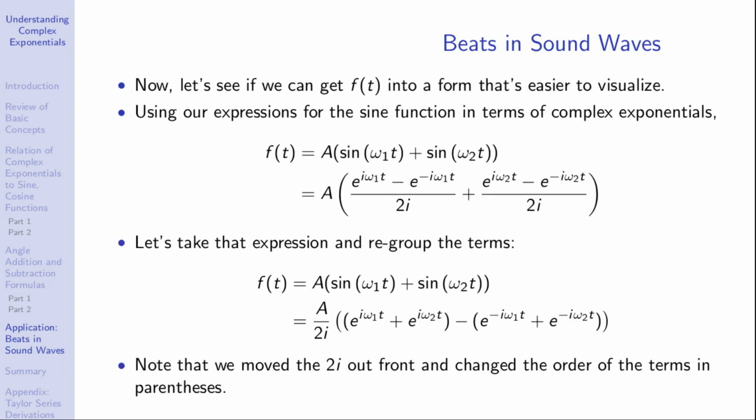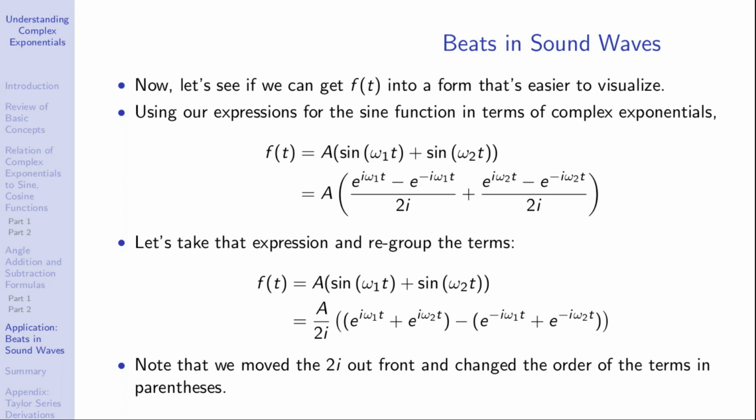Now let's see if we can get f of t into a form that's easier to visualize. Using our expressions for the sine function in terms of complex exponentials, we will rewrite each of the two sine functions that are inside f of t.